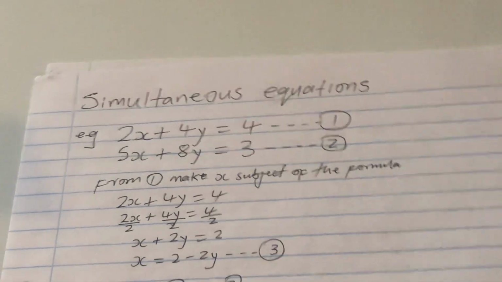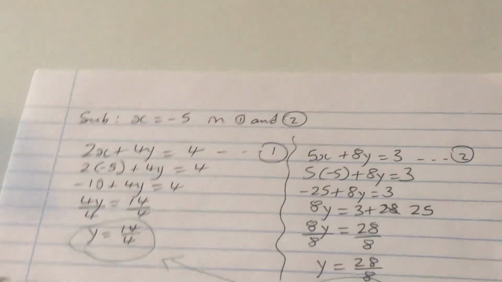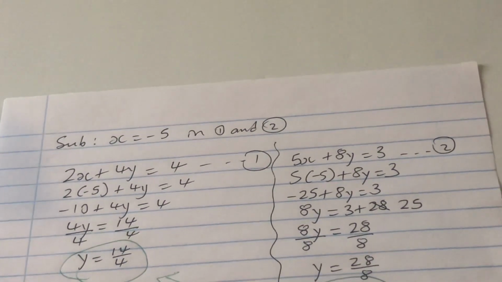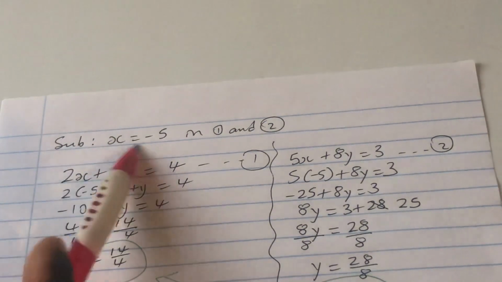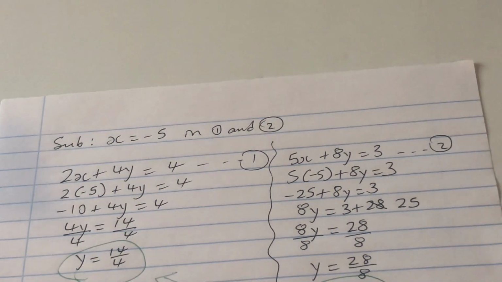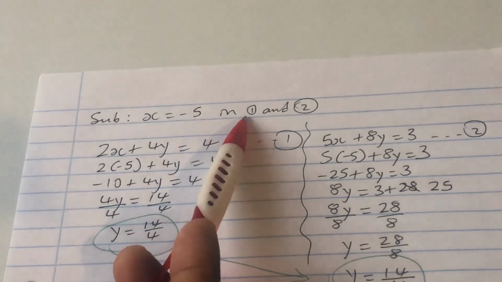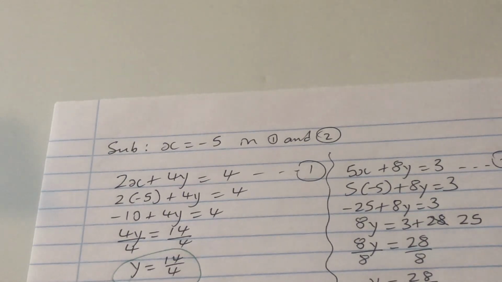I've done this for you. Let me put the next page. You will see what I mean by that. First, I've used x equals minus 5, and I've substituted it in equation 1 and equation 2. Let's see what happened.